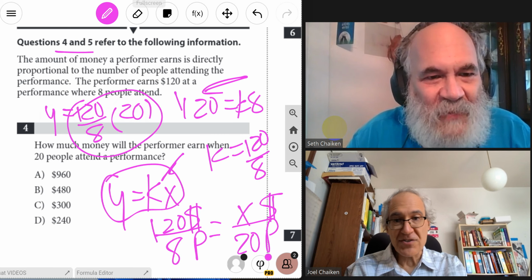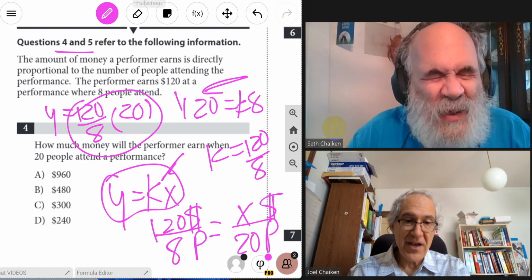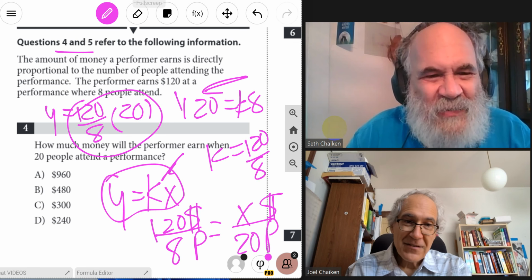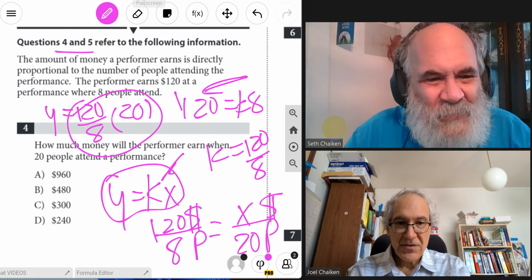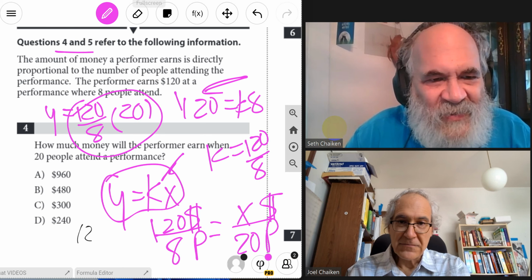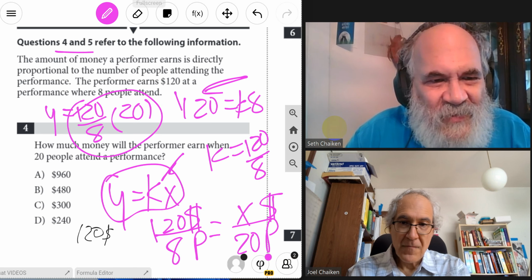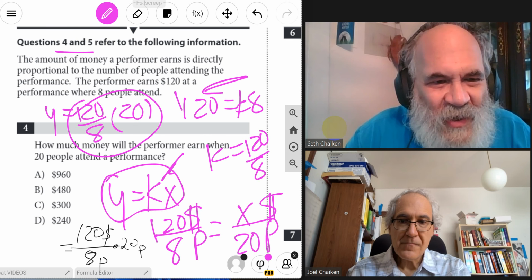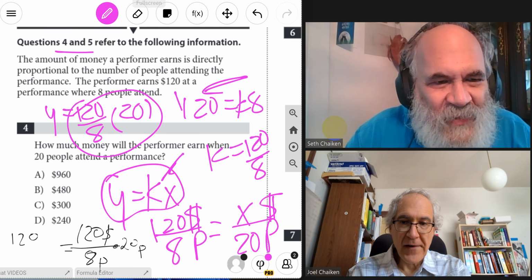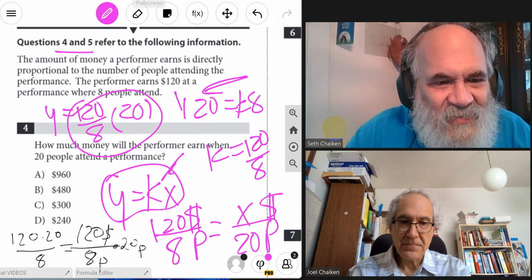If you want, you could also just do this in your head, but I would not necessarily do it in your head. I'd like to elaborate on the proportionality thing which you wrote. I'll write another thing similar to it. $120 per 8 P's, times 20 P's, equals a total of 120 times 20 over 8 dollars.